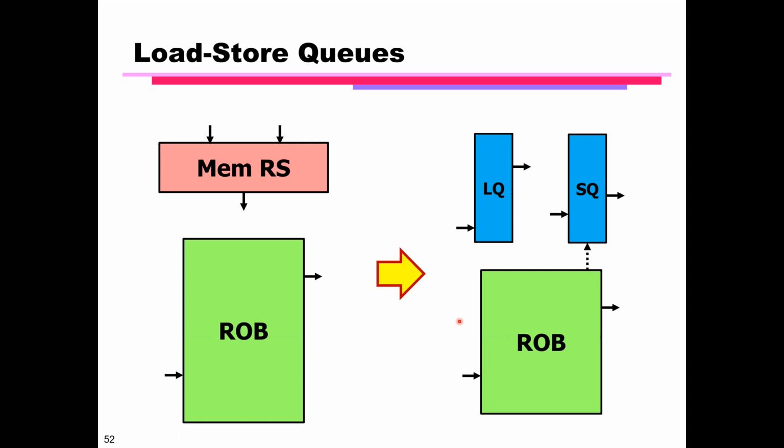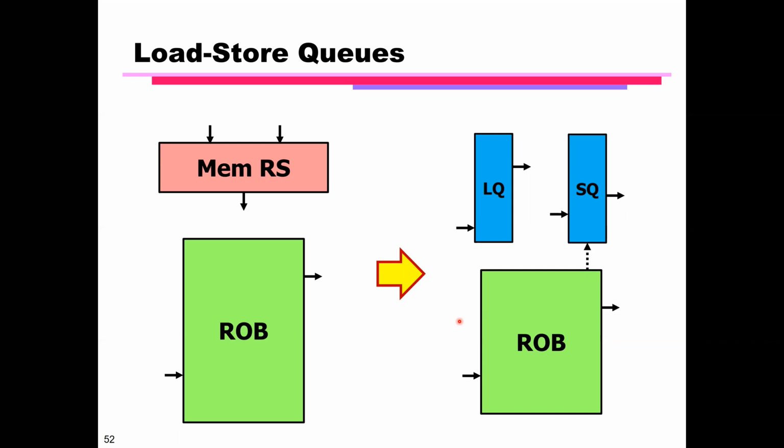A load needs an operand, a single operand. What is the address that I need to load from? The store needs two operands. So what is the address I need to store to? And what is the value that I want to store? So there is a memory reservation station also for the memory, for obtaining the values.